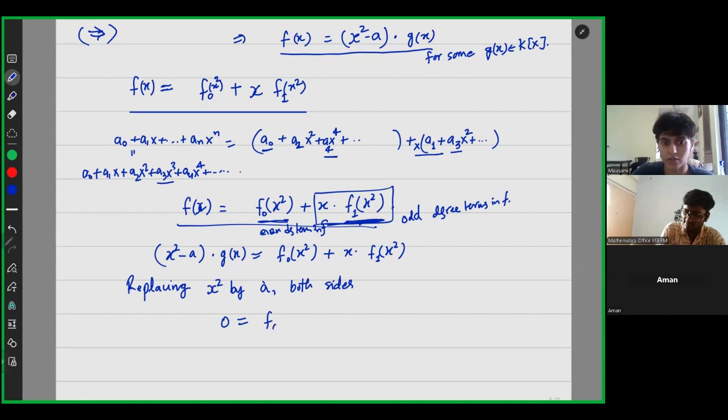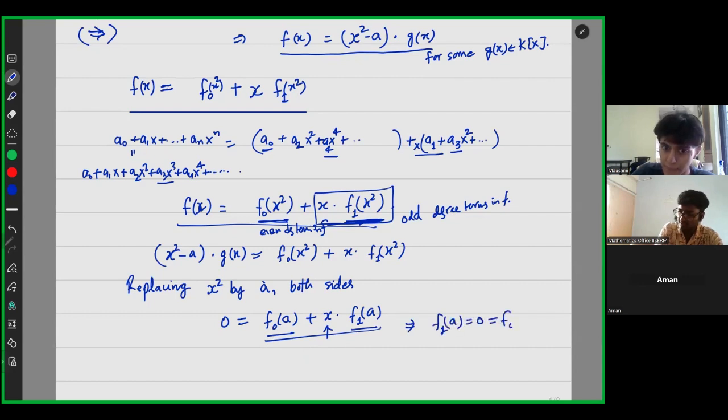On the other hand, this side becomes f0 of a plus x into f1 of a, right? Now this is some constant, this is some constant evaluated at a. And because of this x, this total thing is a polynomial. When it is 0, this implies f1 of a is 0 as well as f0 of a is 0.